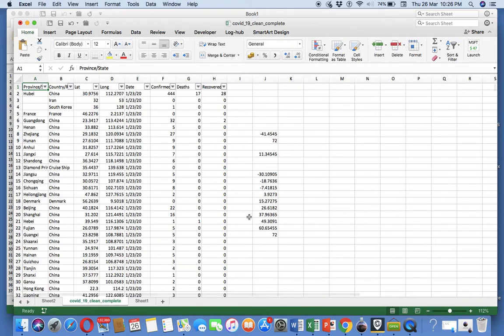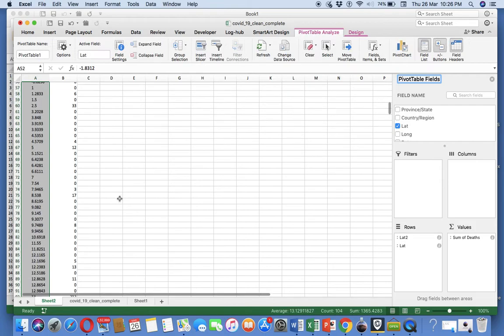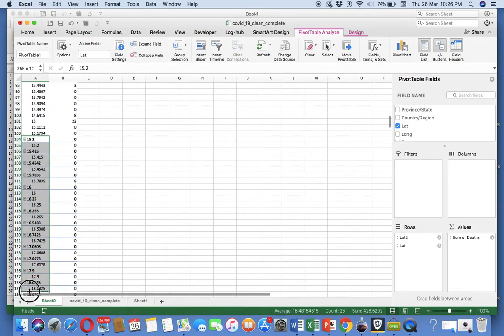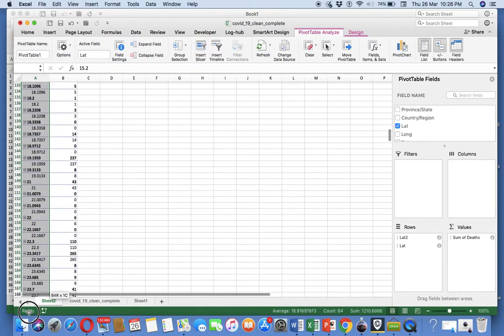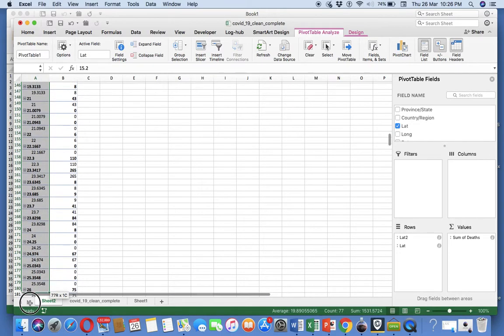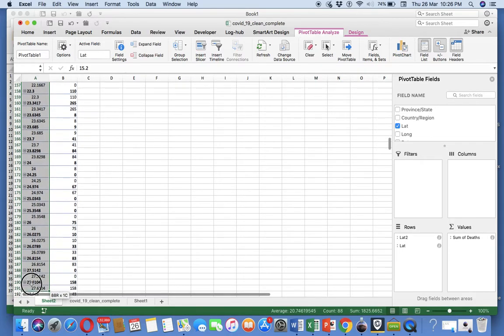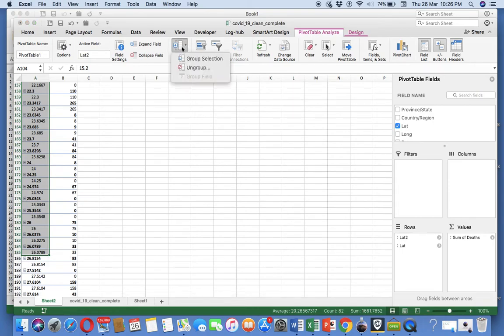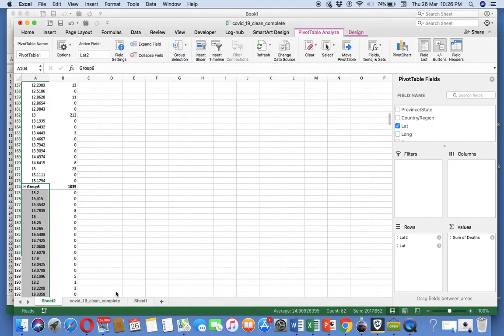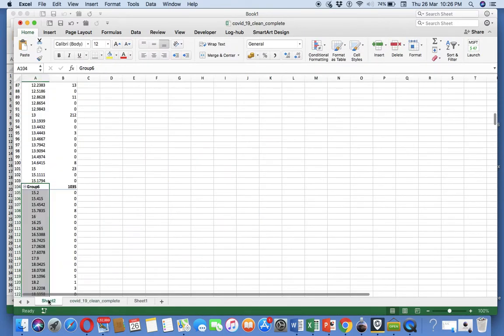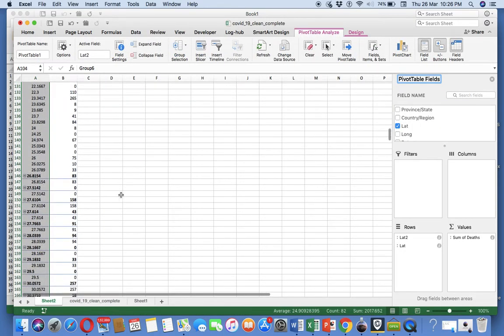The next group will be 26.6. The next group will be till 37.38. The next group will be till 38.